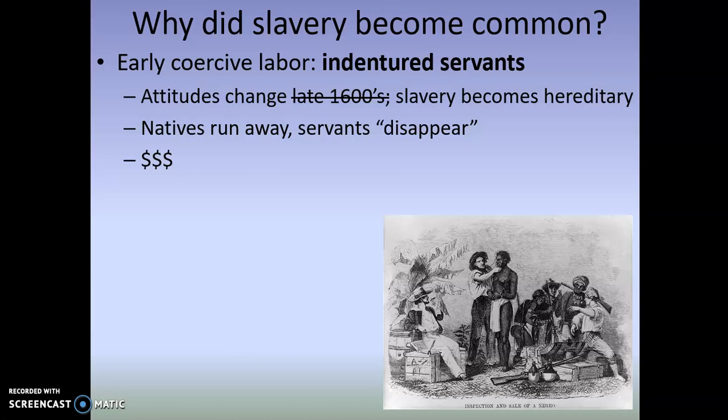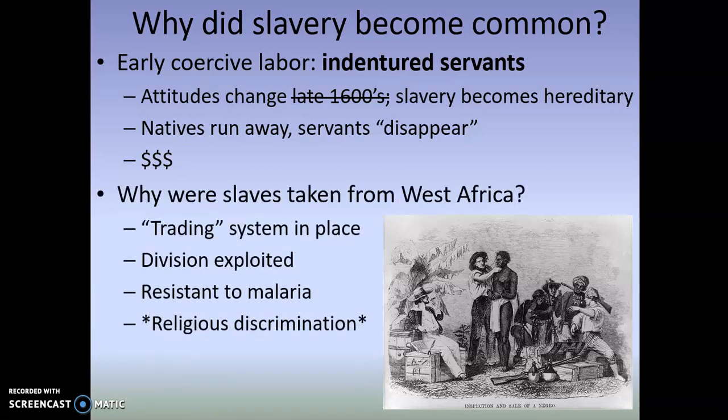So unfortunately, in the long run, many found it more economical to purchase slaves. And fewer indentured servants also meant that there would be fewer eventual freedmen who might be likely to rebel against the landed elite.